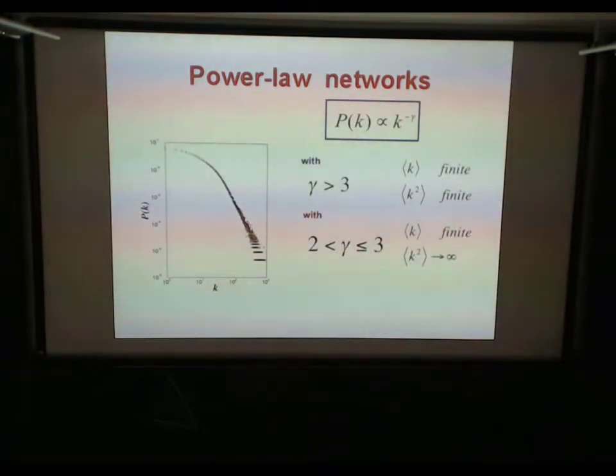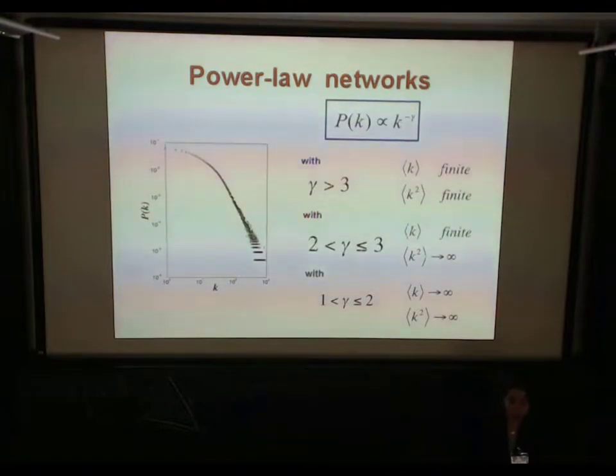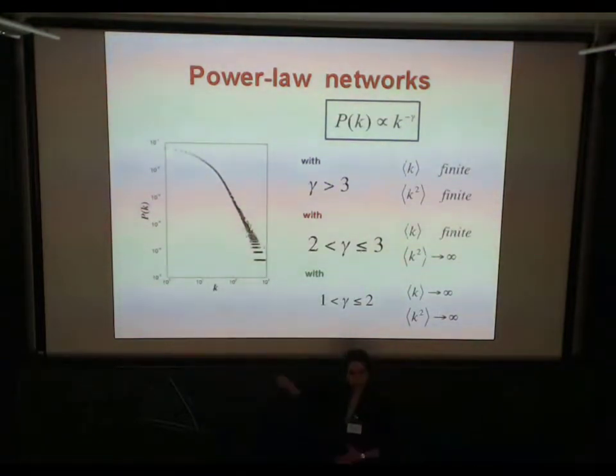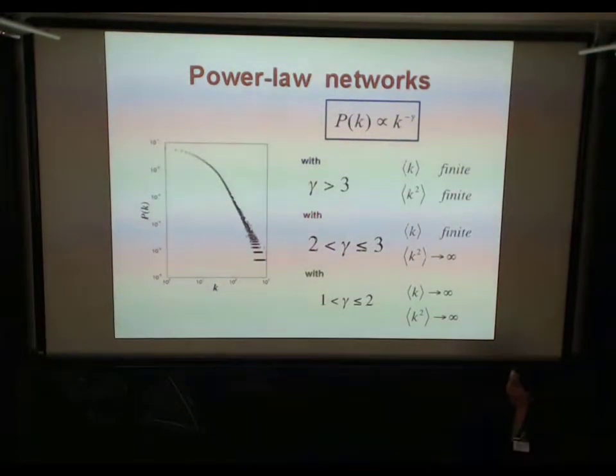So we can expect to have power law networks with different exponents. The figure is to show you that we are interested just in the asymptotic behavior for large k, not in the beginning. For the power law with gamma greater than 3, we have a finite average degree and a finite second moment.